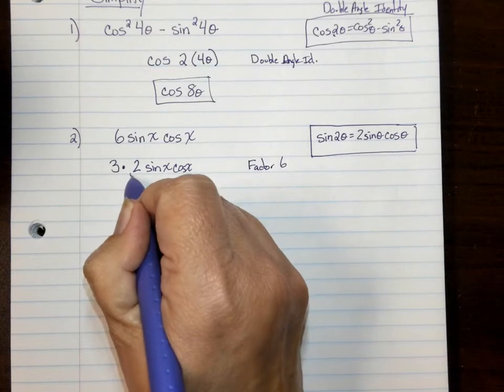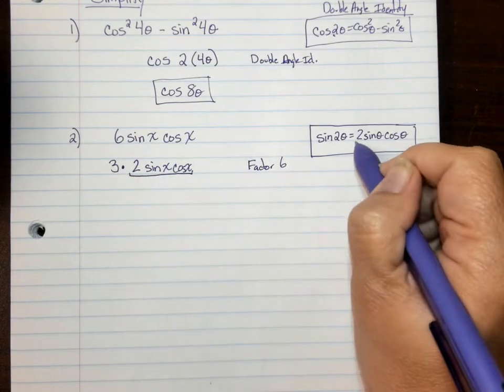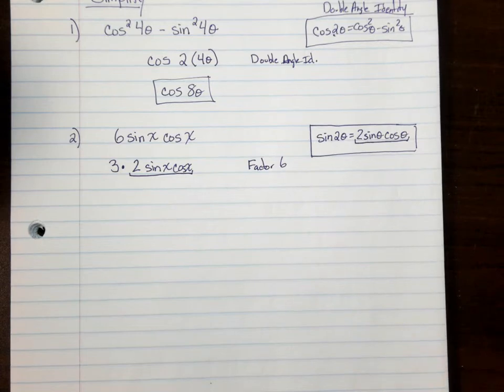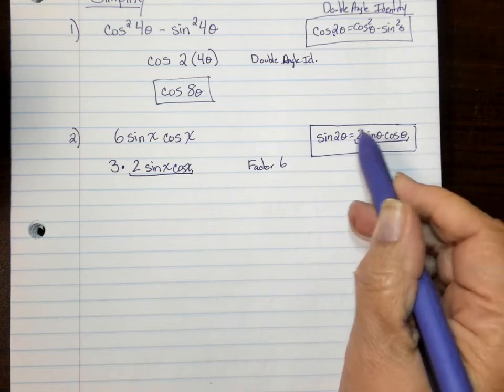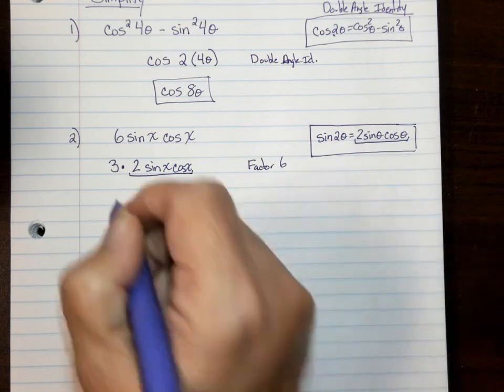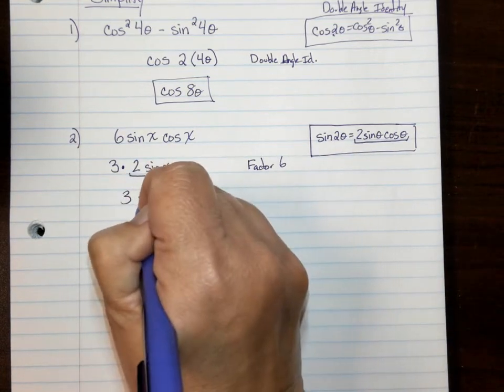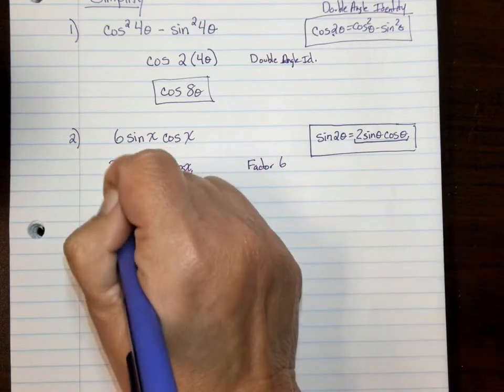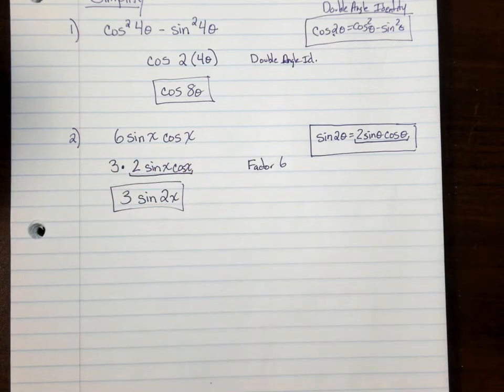Alright, so now does this look exactly like this, with the exception of it's an x instead of a theta? So now I'm going to substitute the left-hand side. So it's going to be sine of 2x. Done.